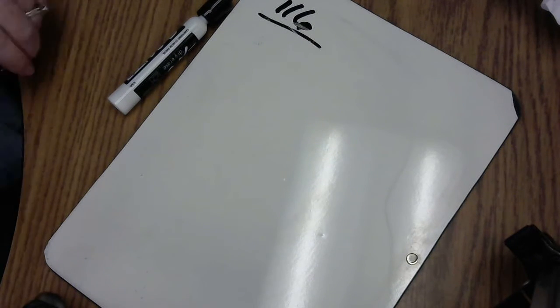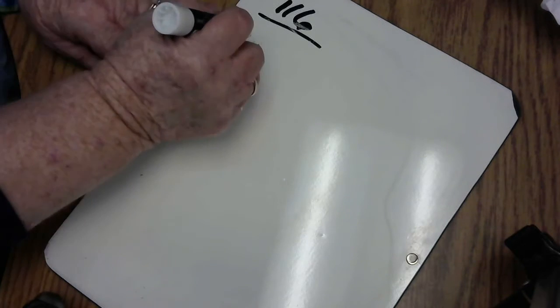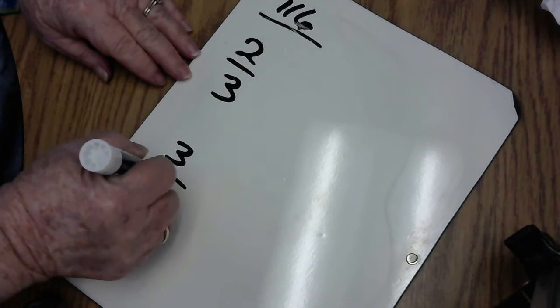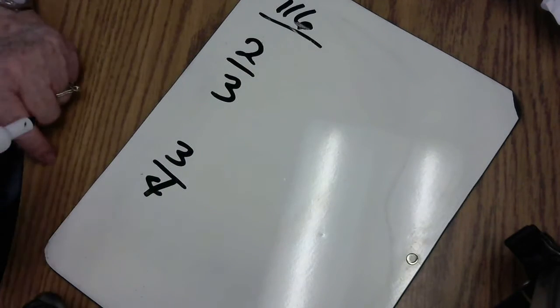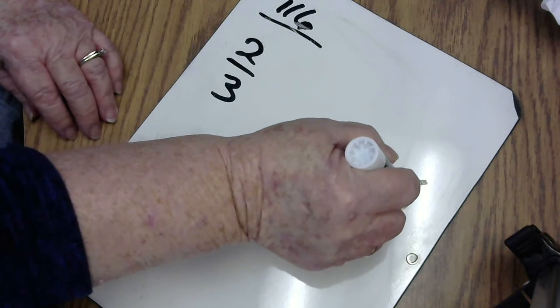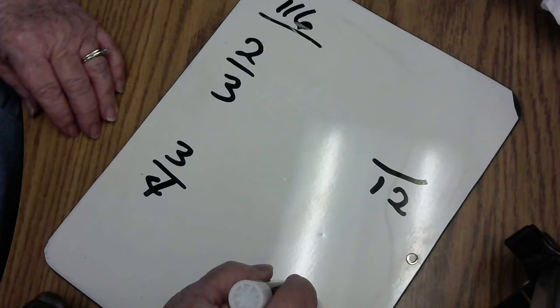Rename 2/3 and 3/4 so that we have a common denominator of 12. So it's 2/3 and 3/4. They want the common denominator of 12. So I'm going to put 12 over here, and put 12 over here.